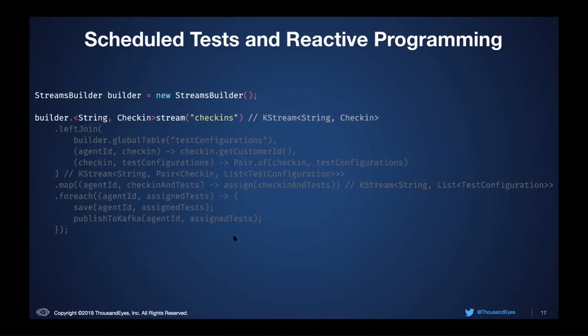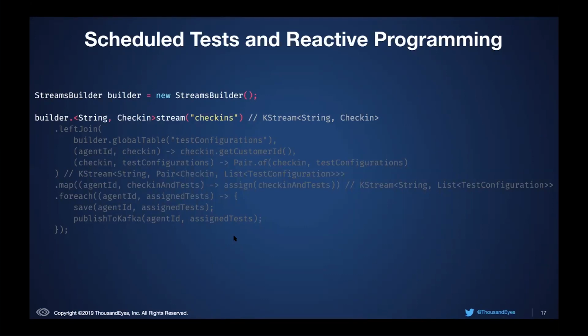This returns an object called a KStream, and it basically tells the application to start listening to the Kafka topic called check-ins. The API of the KStream object that is exposed is very similar to the RxJava Observable, or the Reactor Flux, or even the Java 8 stream for that matter. So it's a kind of generic stream processing API that you get to use. So it has stuff like map, group by, reduce, etc.